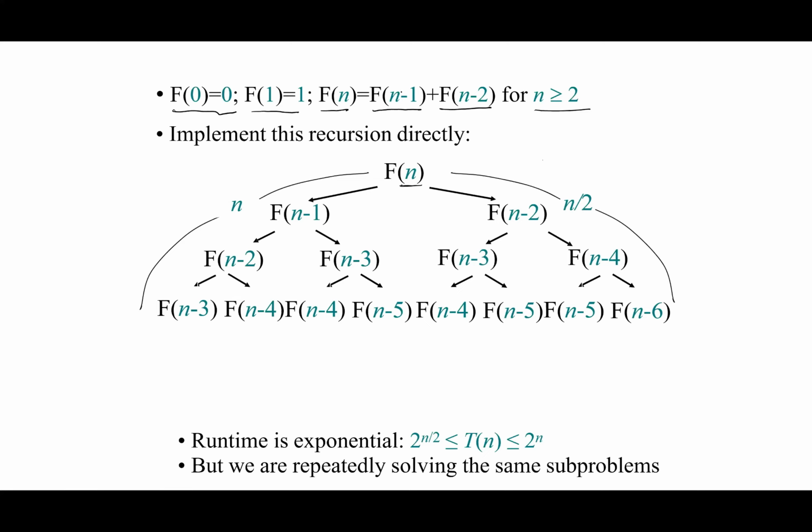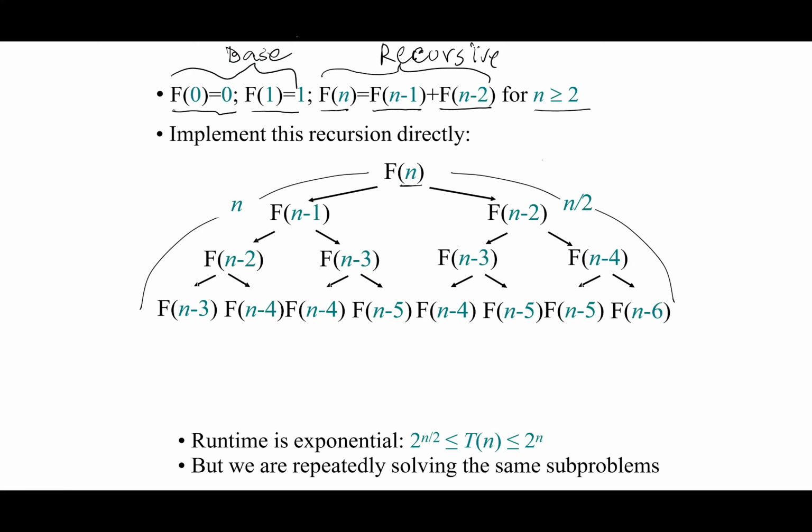So we take the summation of the previous two Fibonacci numbers to get the current Fibonacci number. And this is the recursive case. And this is the base case. We have two base cases here.